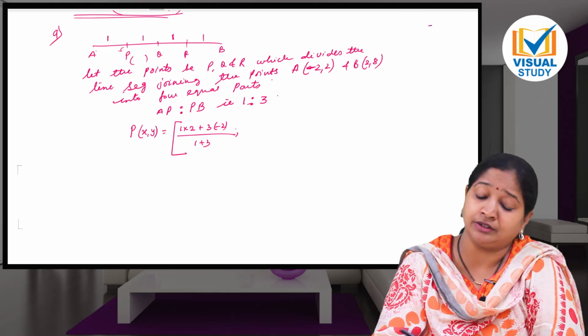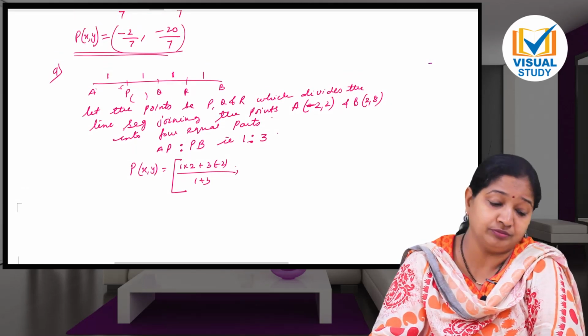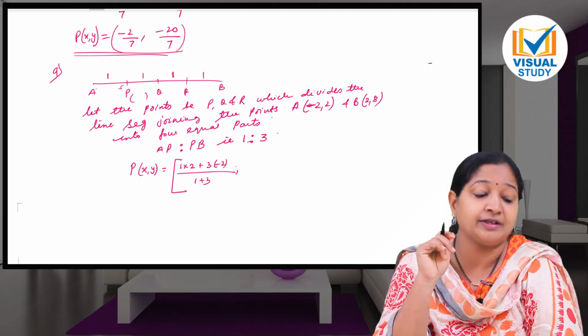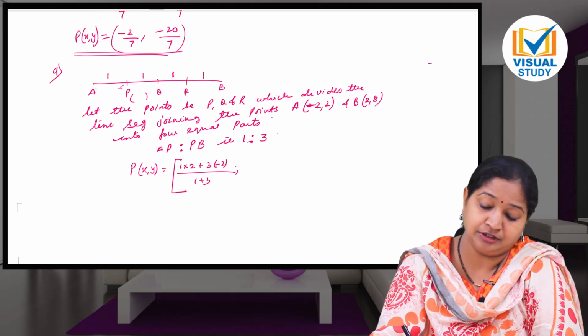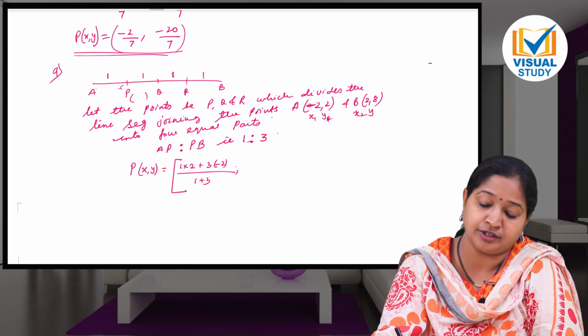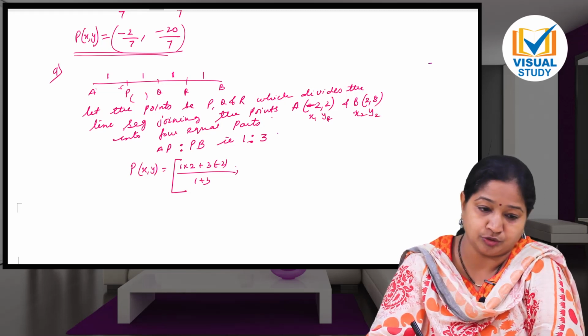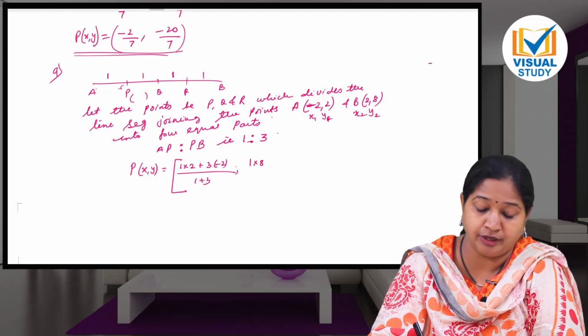And what will be your section formula is m1 y1 plus m2 y2, m1, this is x1, this is x2, x2 and y2. So you get 1 into 8 plus 3 into 2 upon 1 plus 3.